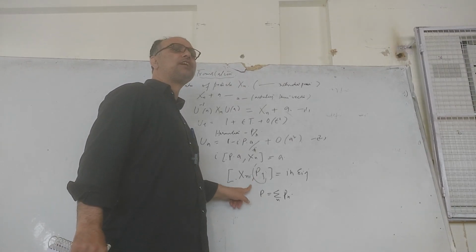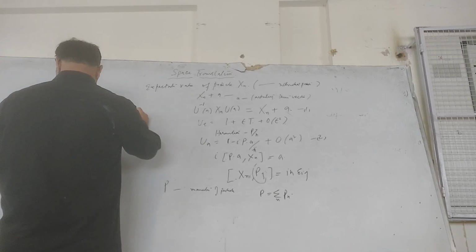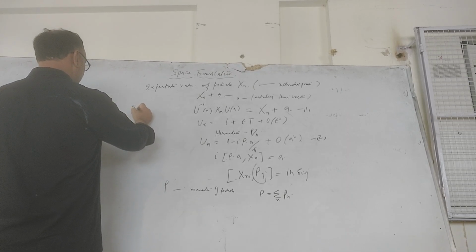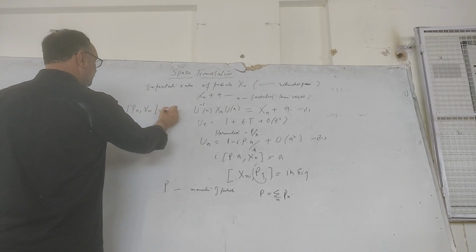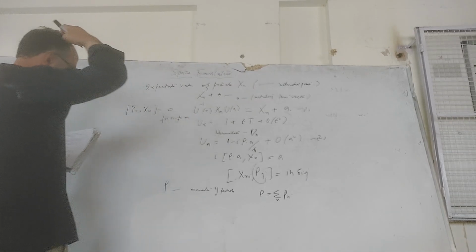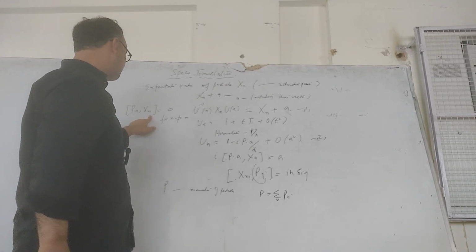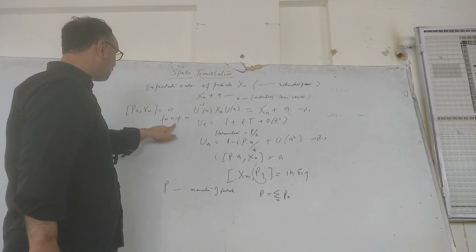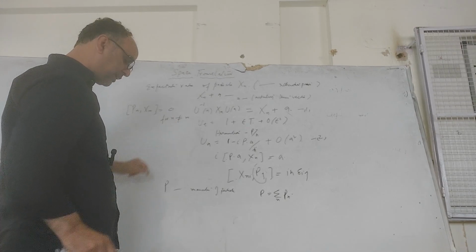So the commutator of x with x will give 0. So you can write P_n with x_n as 0 for n not equivalent to m. For n equivalent to m, it may not be 0. For values where n is not equivalent to m, it's 0.